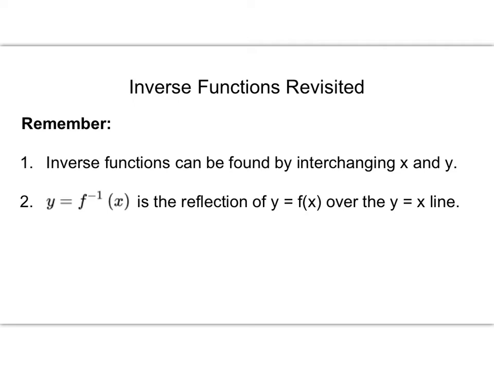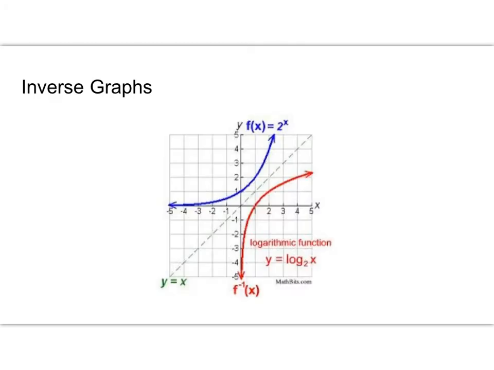Okay, so before I talk about graphing logs, I want to talk about inverse functions a little bit, and you'll see why in a moment. Inverse functions can be found if we just switch the x and y values of a function, and it also is the reflection of the original graph. The inverse function is a reflection of the original graph over the y equals x line, like this.